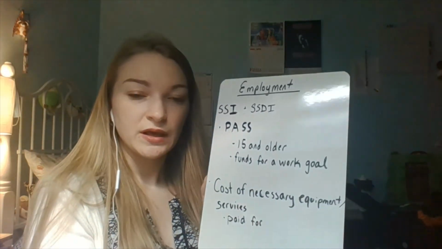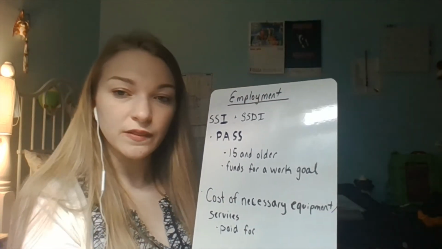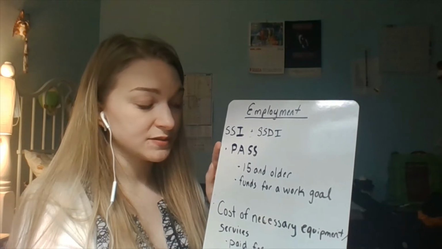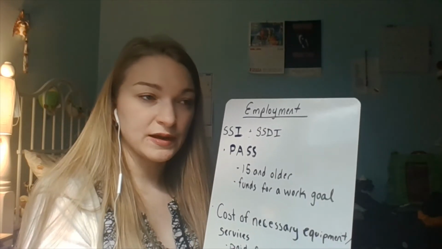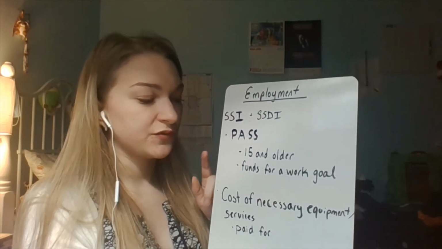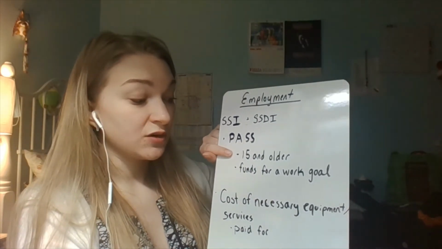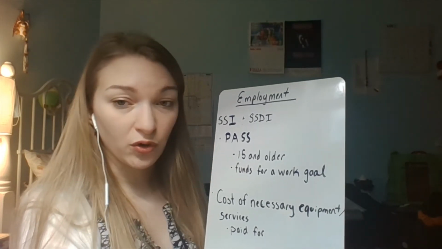Next, there's a section on employment that I'm going to talk about. There are employment supports if you receive SSI or SSDI. There is a program called PASS, and that is a support plan that is created for a work goal that you set up. It is for students who are 50 and older, and they are basically funds for a work goal.